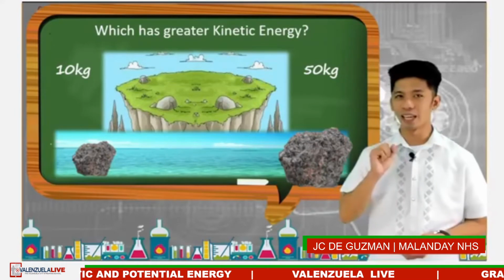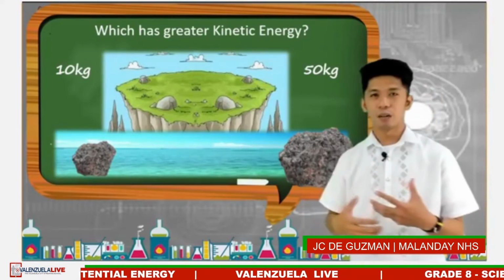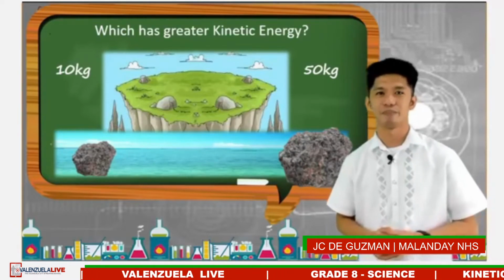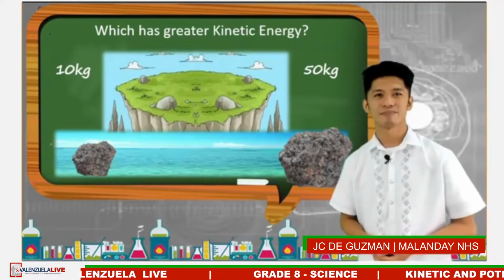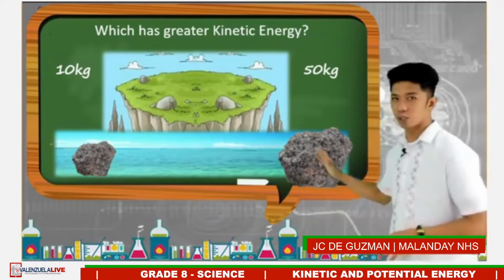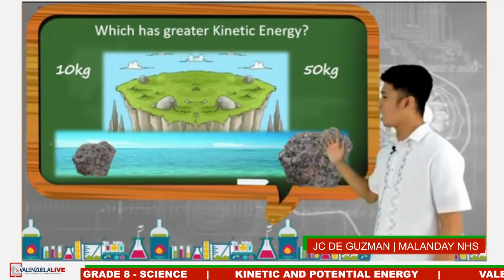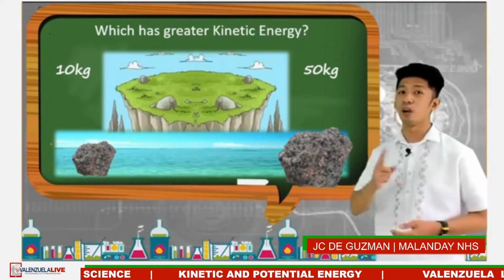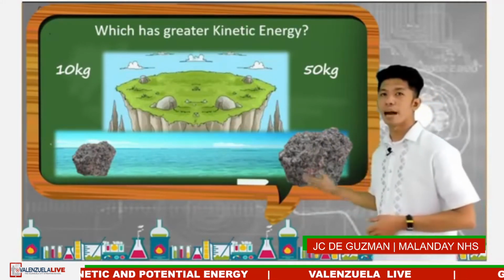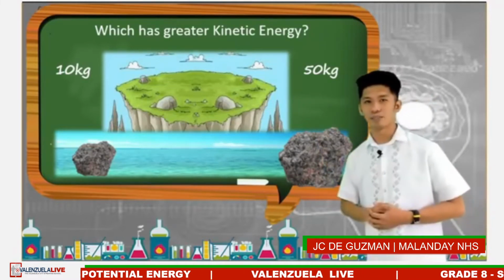Or we can change the question into which has greater kinetic energy, but the answer would be the same. Very good. If you answered that this rock possesses a greater amount of kinetic energy, then you are correct. Why? That is because of its mass, which is 50 kilograms.